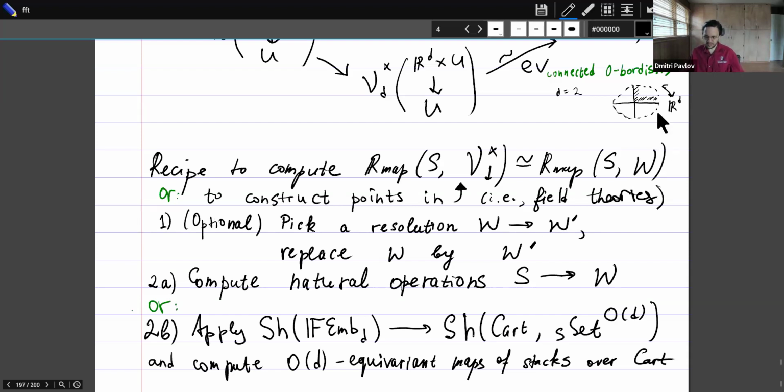This step may be optional in the sense that if your goal is to construct only some examples of functorial field theories, then it may be unnecessary to choose a resolution, because perhaps this choice already works fine. You can construct a map from S to W, which will automatically give you a map in the derived mapping space, because the ordinary mapping space maps into the derived mapping space.